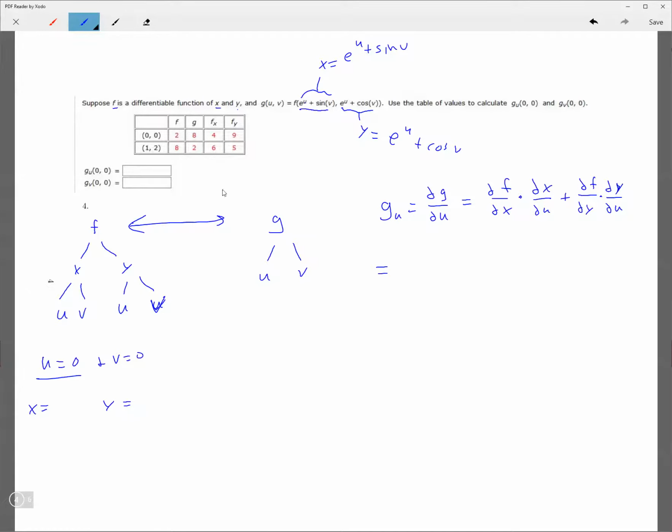That's going to be 1, that's going to be 0, so you just get 1. And then here, if you plug in a 0 for u and a 0 for v, you get e to the 0 plus cosine 0, so y is going to be 2.